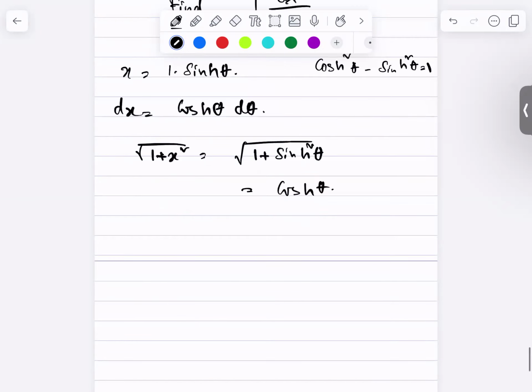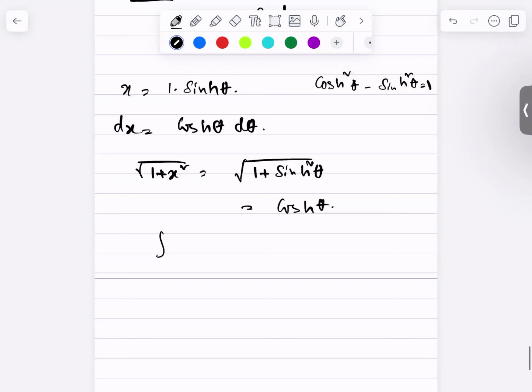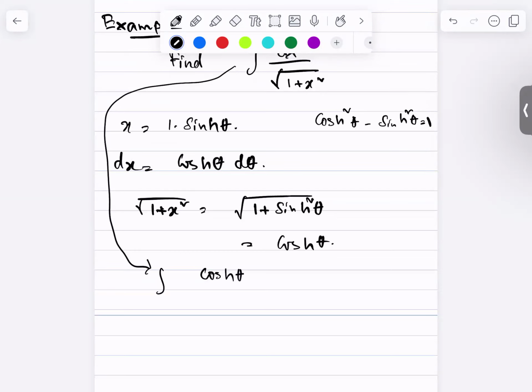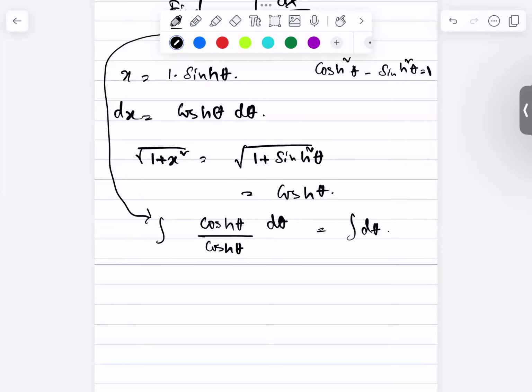So this integration becomes cosine hyperbolic theta d theta over cosine hyperbolic theta, which is basically d theta. So theta plus c. Now what is theta? Theta is basically sine hyperbolic inverse x plus c. So that's the answer.